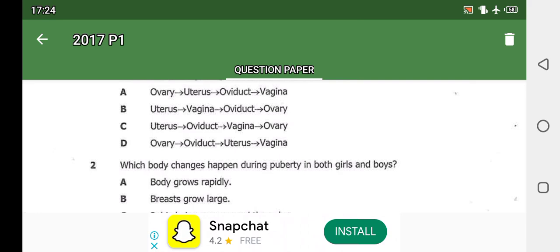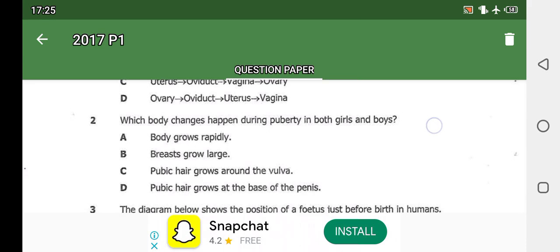So we move to question 2, which reads: which body changes happen during puberty in both girls and boys? We have got 4 answers, A, B, C, D. The correct answer is not "breasts grow large." Do boys have breasts?